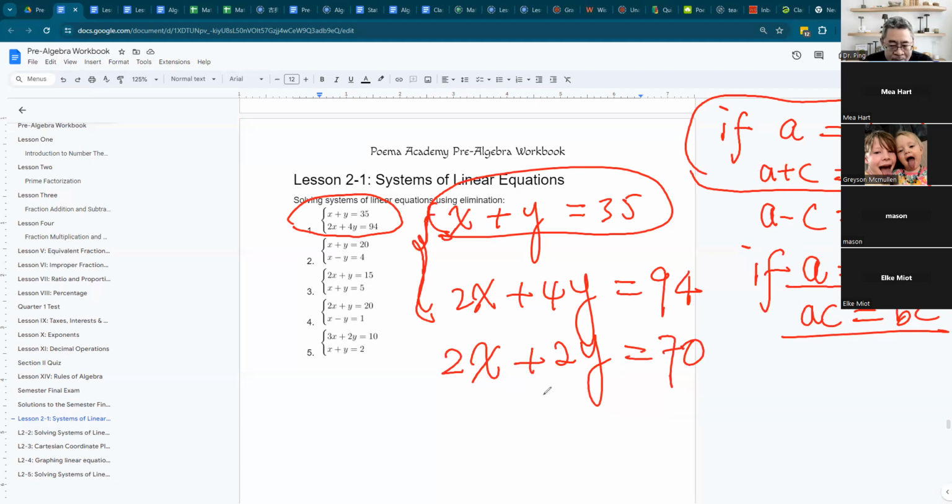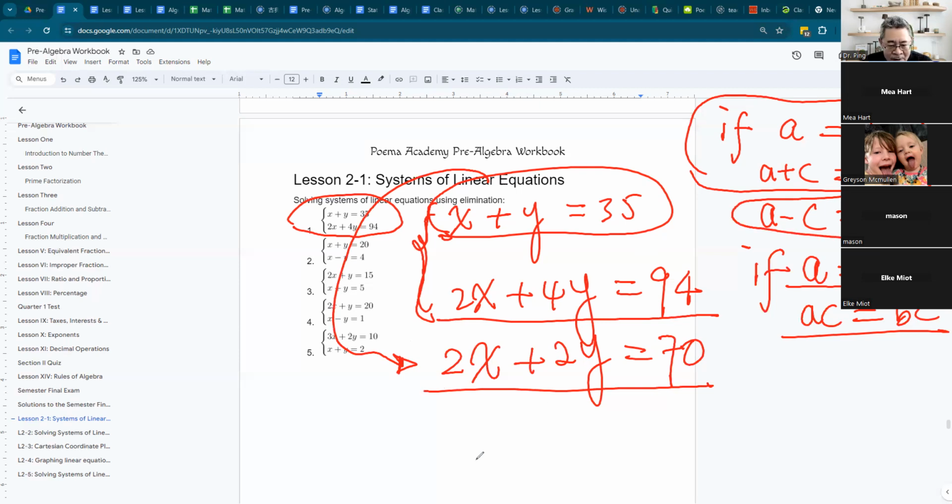Okay, now we have that. So now we changed this one to this equation. So then we can use this equation minus the bottom equation. So that's this rule. Now you can see that 2x minus 2x cancels, so it's gone.